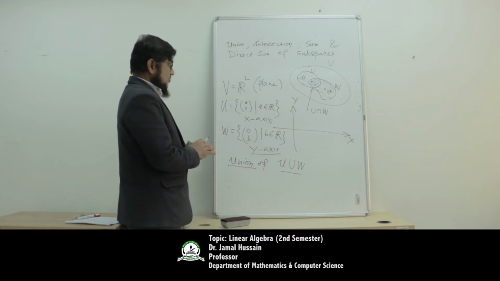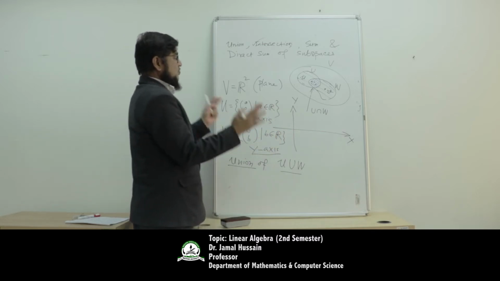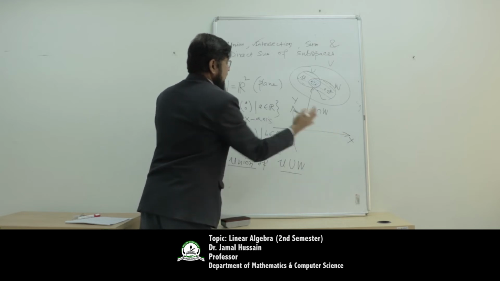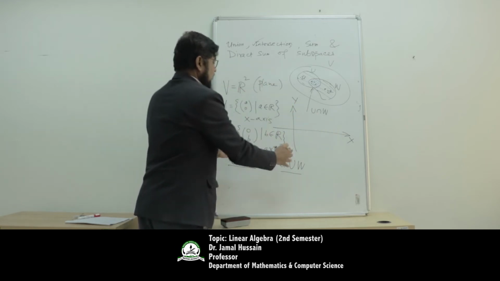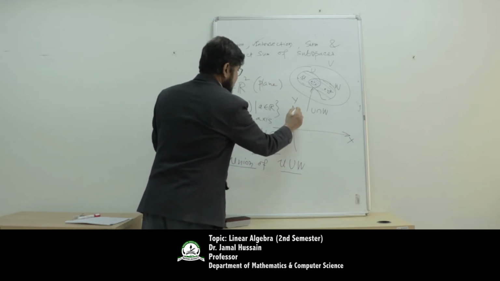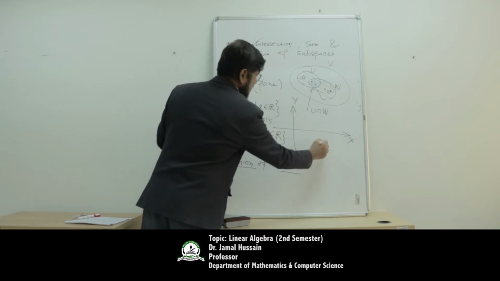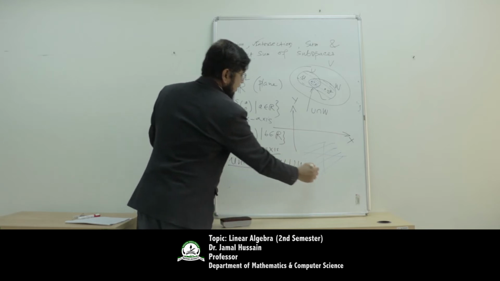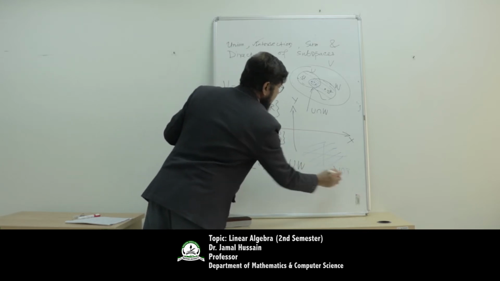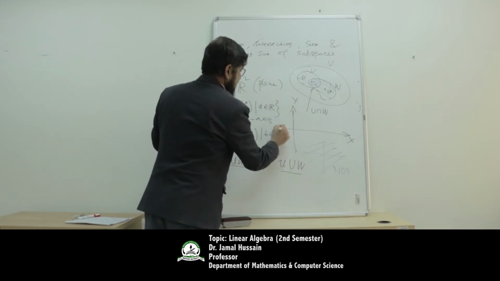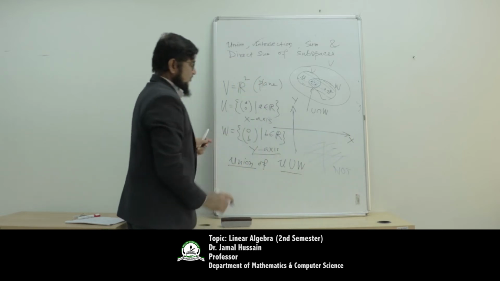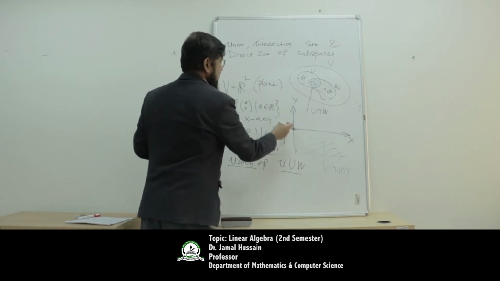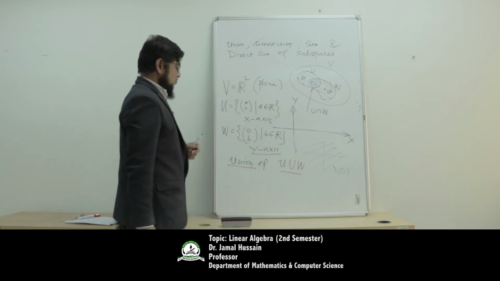You throw in all the elements of the x-axis and all the elements of the y-axis. So it is only these axes, not the whole plane. The vectors lie on these two lines.